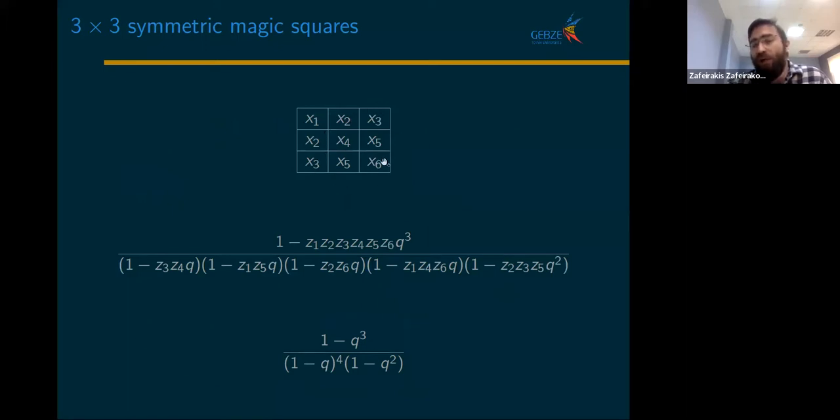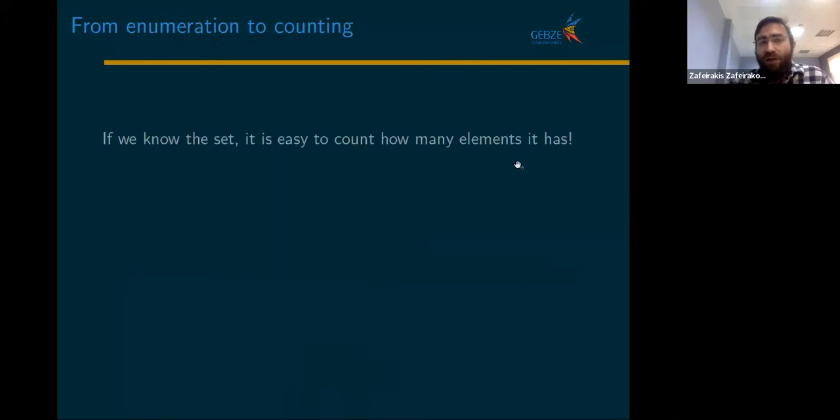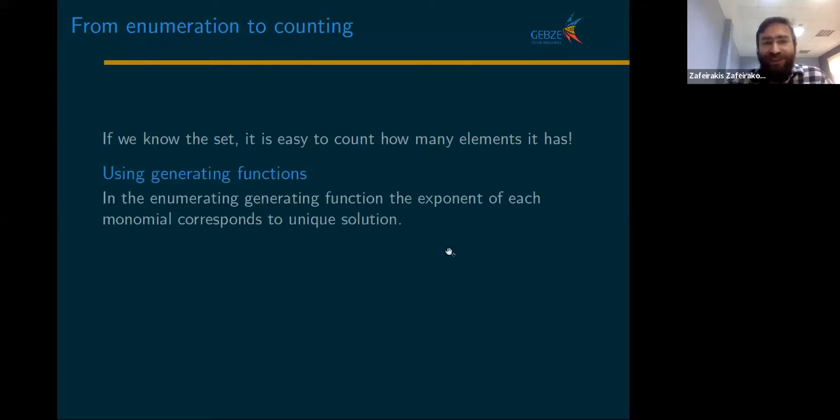If we want to count how many there are, then we have this counting function. Now, how do we go from enumeration? Let's say we know a set. It's easy to count the elements. So when we can enumerate, we can count how many solutions we have if we know the solutions. That's a bit not true, but in general, let's say it's acceptable as a statement.